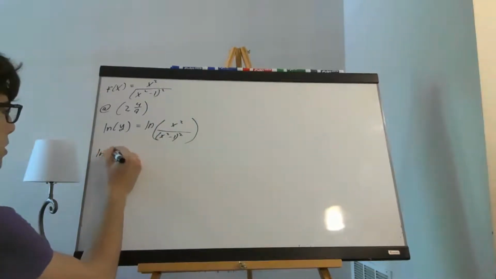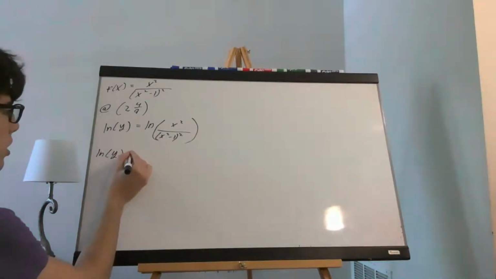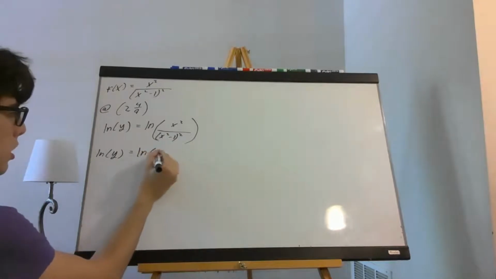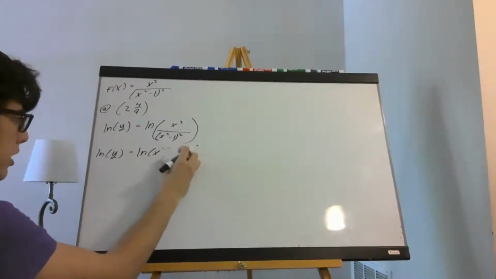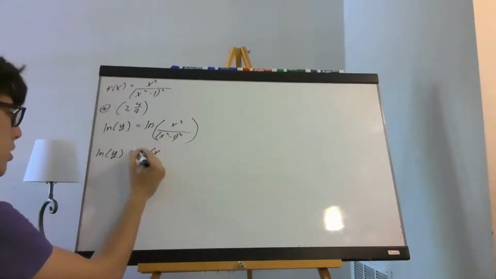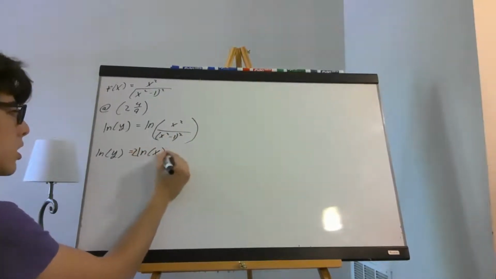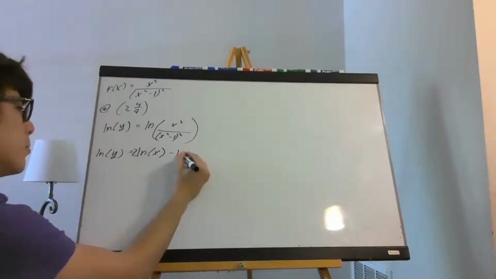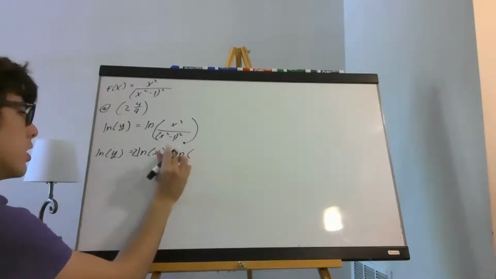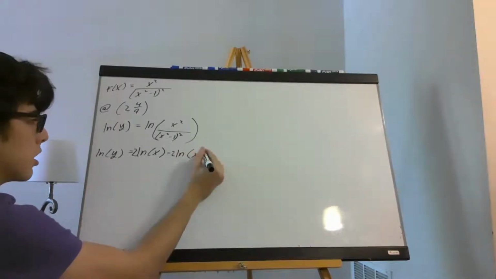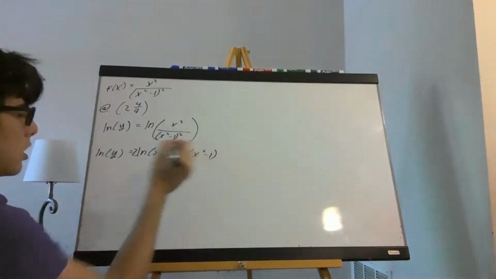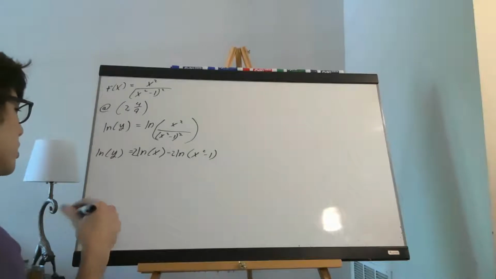Now if you remember your log properties, you should know that the numerator is positive, and we can actually take that 2 out there and make this even easier for us. And then we just got to subtract the denominator. And gosh, I keep forgetting those 2's. And now we've got a much easier problem to work with.